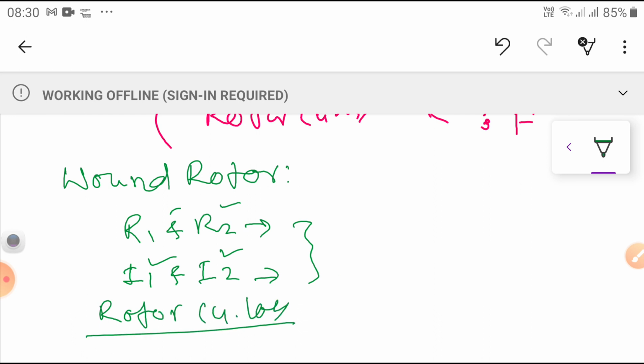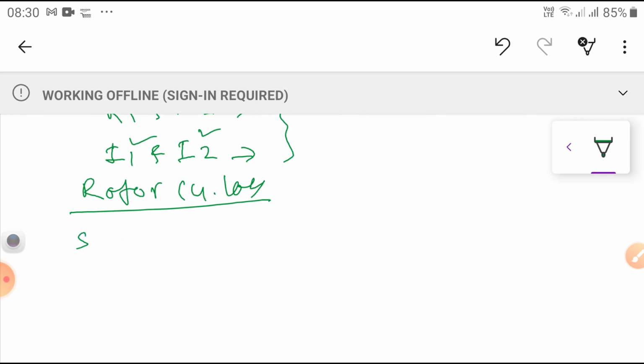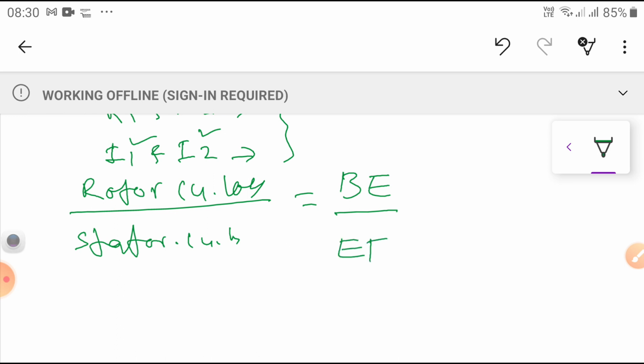By stator copper loss, what is the value? Here the value is equal to BE by EF.